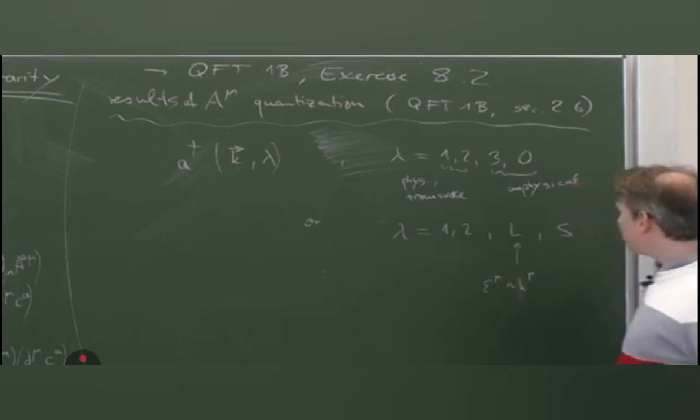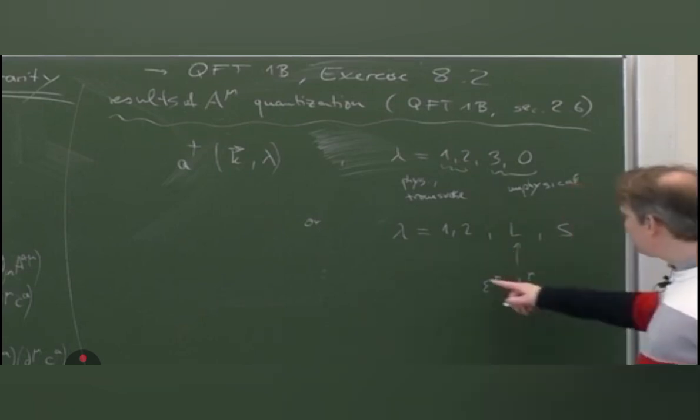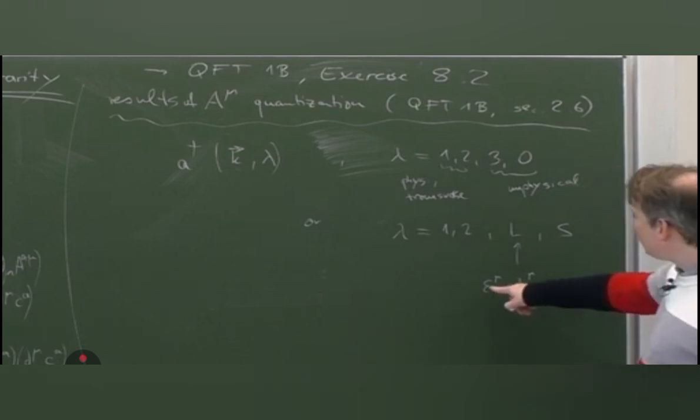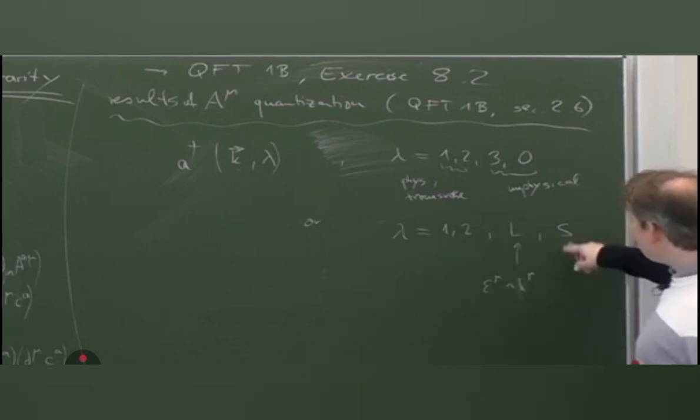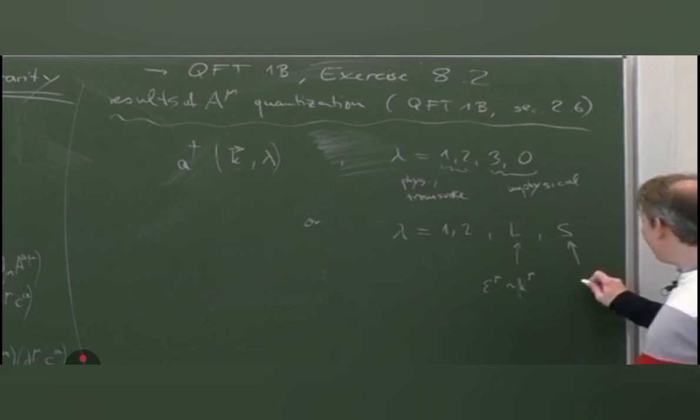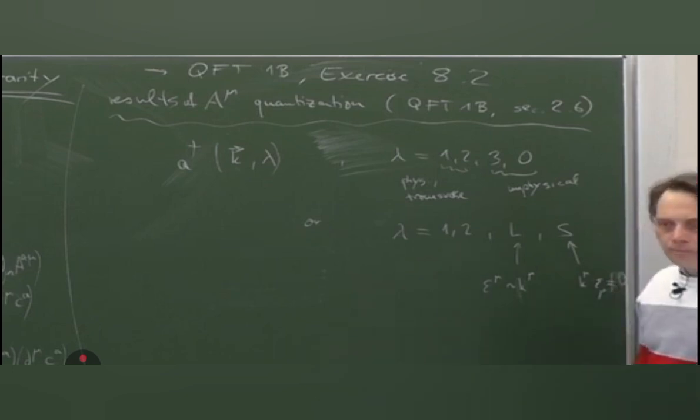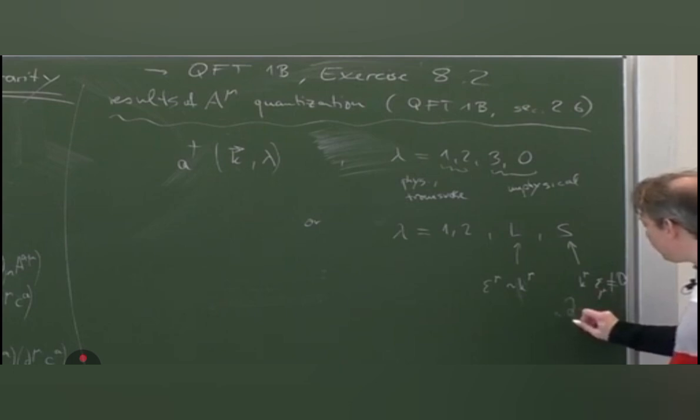So that is longitudinal in the sense that it's 4-dimensionally proportional to k_μ, whereas the S is the only one where k^μ ε_μ is non-zero. So this is the one that survives if you do in position space ∂^μ A_μ, this contraction.